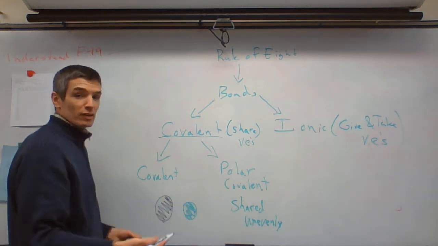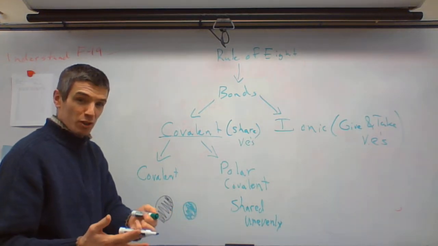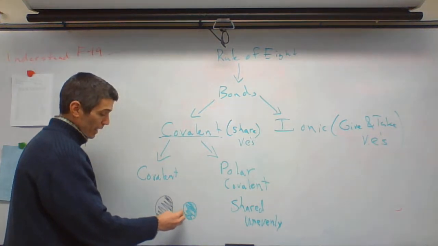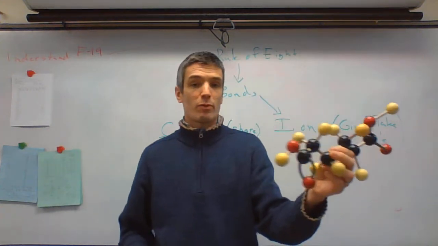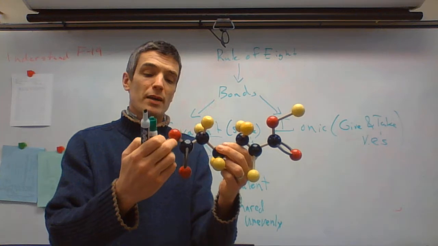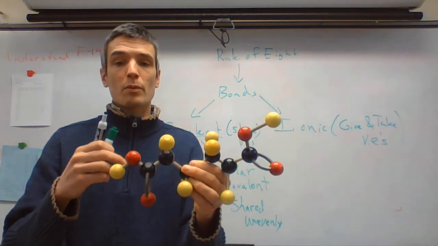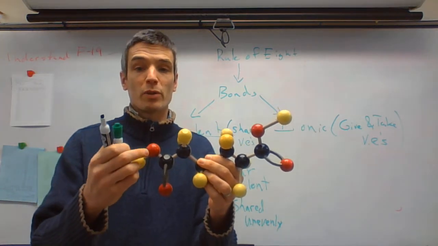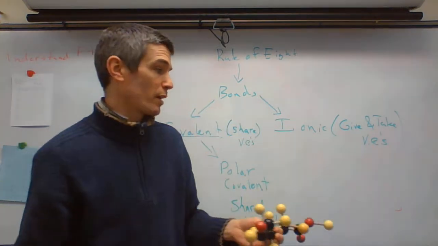They have like a mutual attraction for each other's. So they kind of link the atoms together. That's what these sticks represent. These sticks represent valence electrons that each atom is sharing with its neighbor. All right? And that's what these sticks represent.